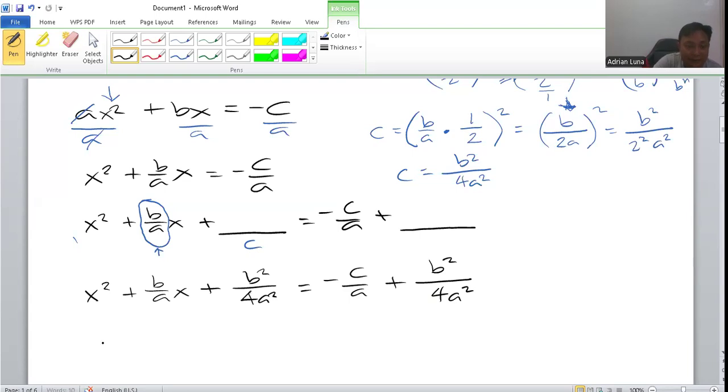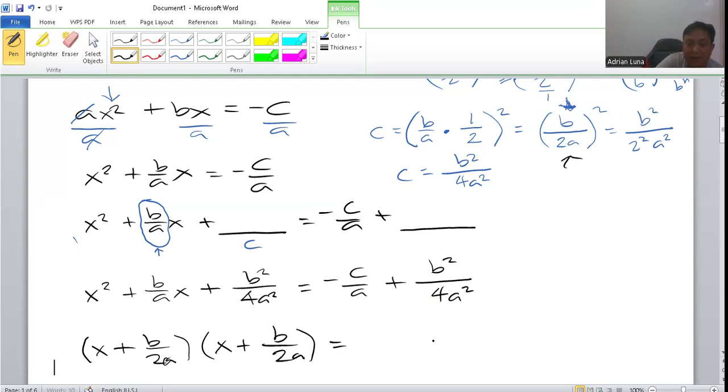Then, the left-hand side of the equal sign, ipa-factor natin siya. So, x plus itong value ito, b over 2a, times the same value, b over 2a.